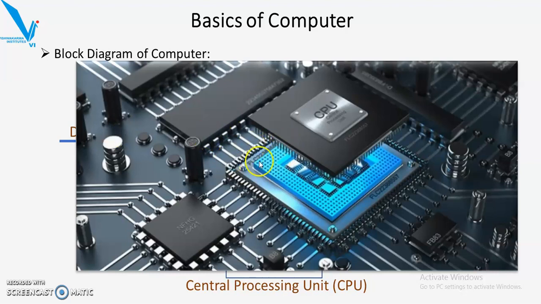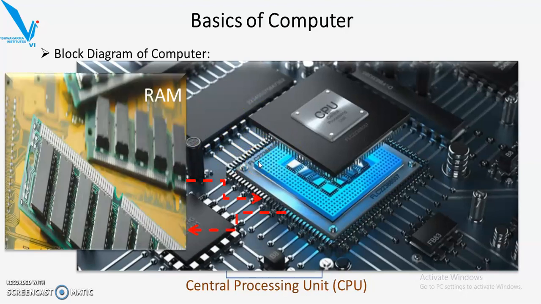The CPU initiates the program by fetching the program instructions and the data to be operated from the RAM. What is RAM? RAM is nothing but random access memory. It is used as a working area of a computer.